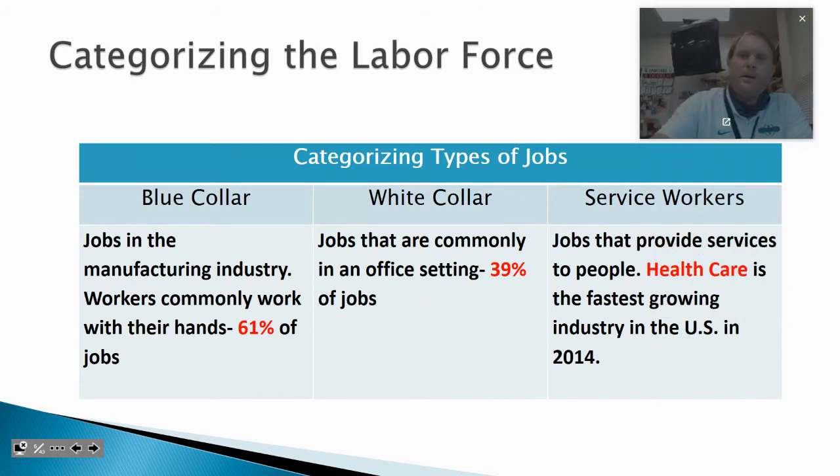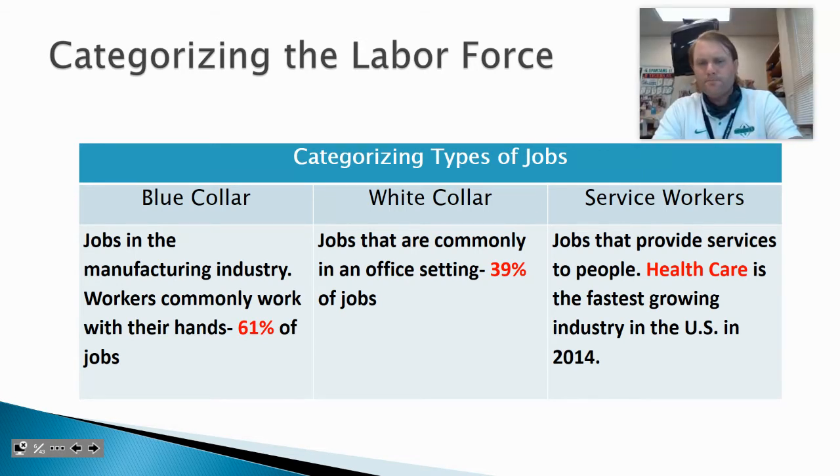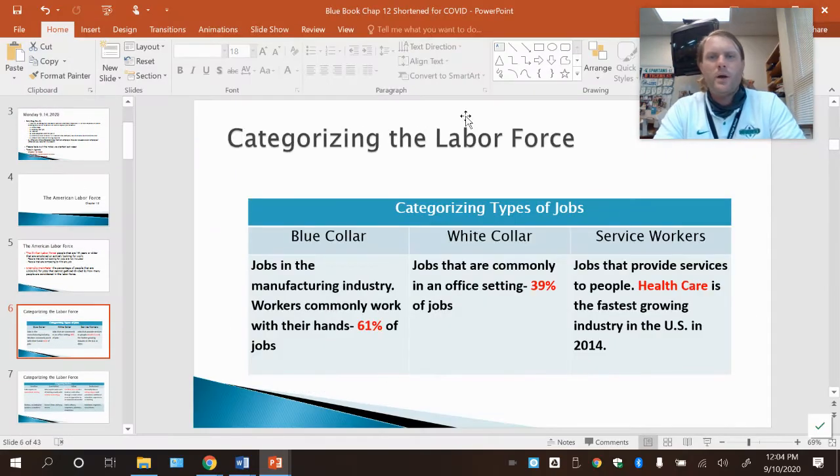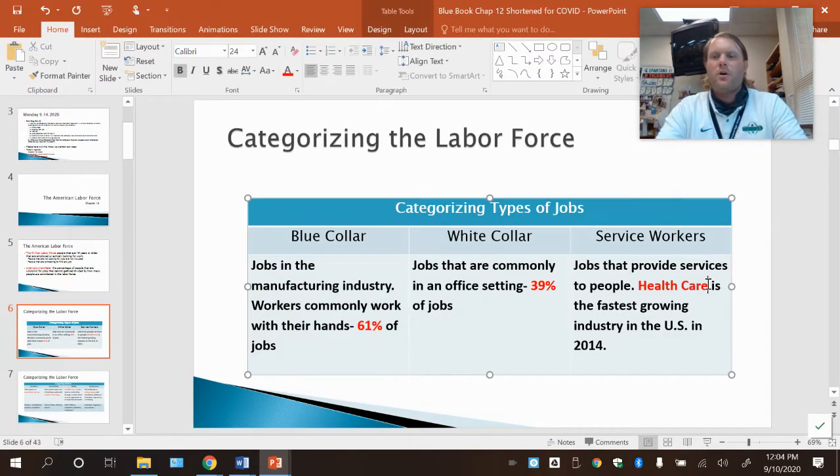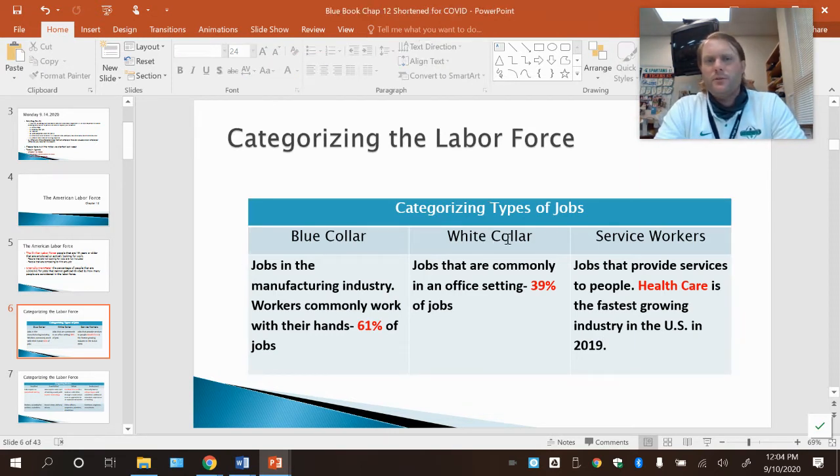Sometimes we hear people described in different ways. Sometimes we hear the term blue collar, sometimes we hear the term white collar. Those terms are, to be honest with you, a little bit outdated. In the year 2020, we don't use these terms as much anymore.